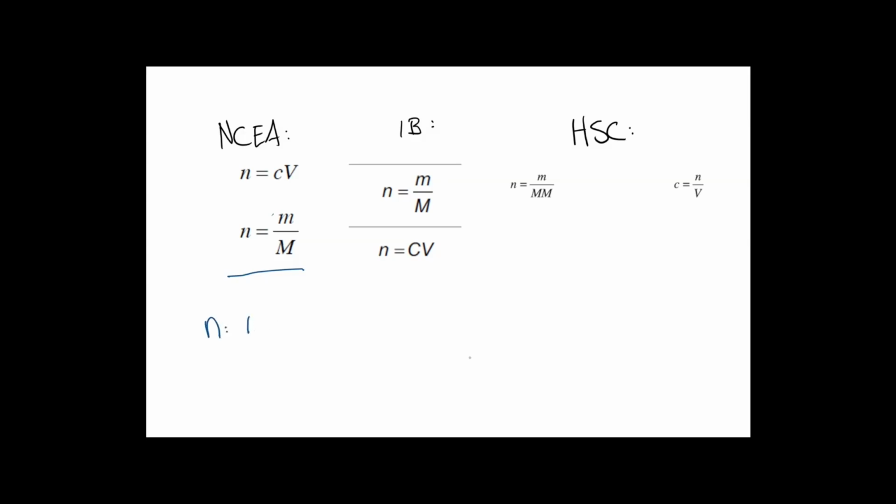So n is just the number of moles of a substance. So if we have a certain amount of stuff, we're now in effect saying how many molecules or how many atoms of the substance do we have. And this is going to be a member of the real numbers set, which is equal to or greater than 0.